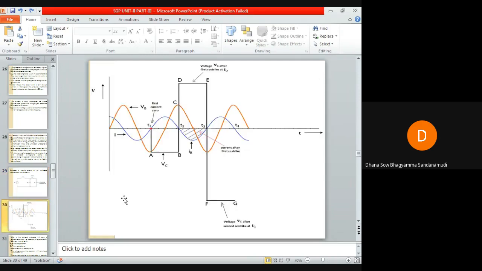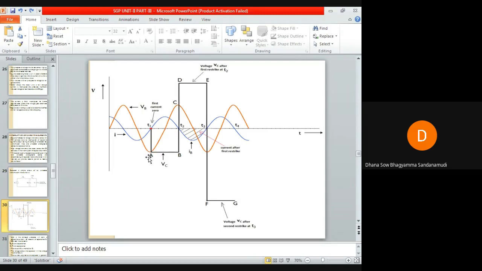Okay, so it can be seen from this figure that at instant t1, when capacitive current I is 0, the transmission line is at maximum negative voltage. The line is left in a fully charged condition to this negative voltage value which is generated by VB.